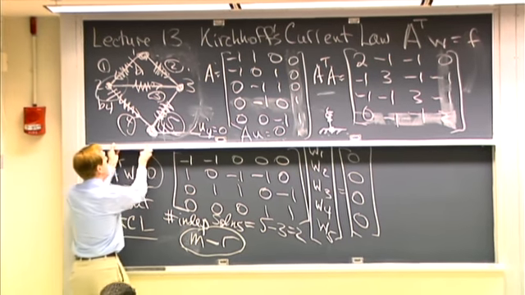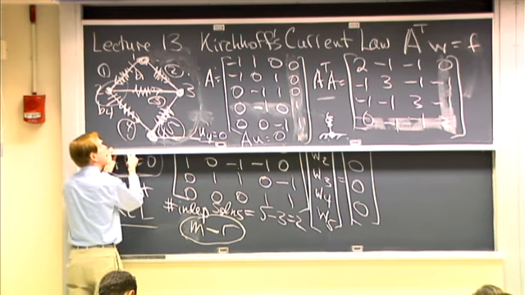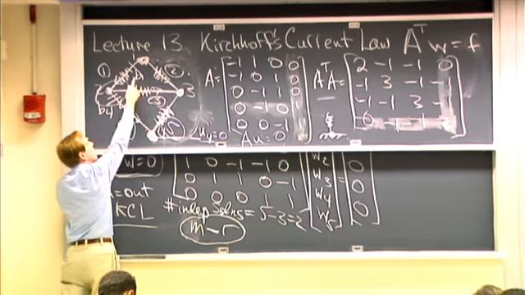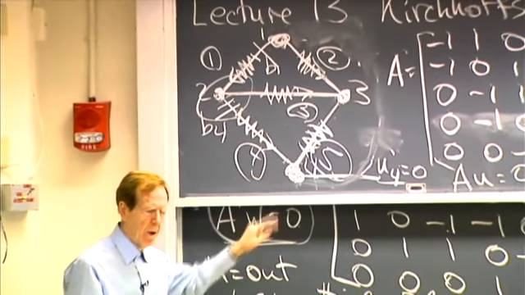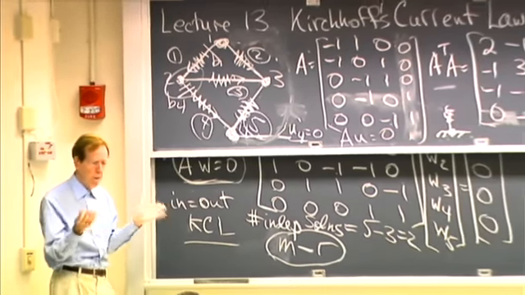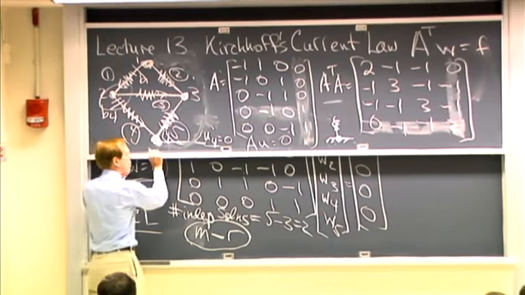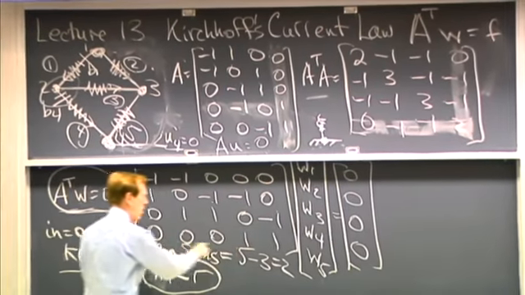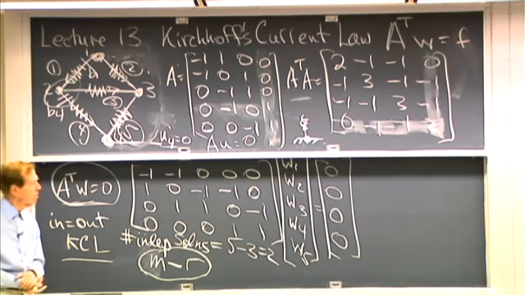In other words, if I have a closed system, closed because it's 0 on the right side, and I have in equal out at those 3 nodes, then I'll automatically have in equal out at the 4th node because the total in is 0 and the total out is 0. So if I'm right at 3, I'll be right at the 4th one. And now just tell me with the numbers, how would I get this equation W4 plus W5 equals 0 from the first 3?